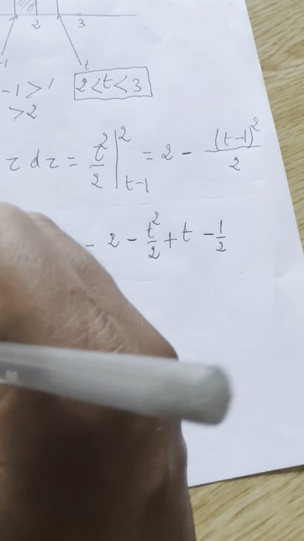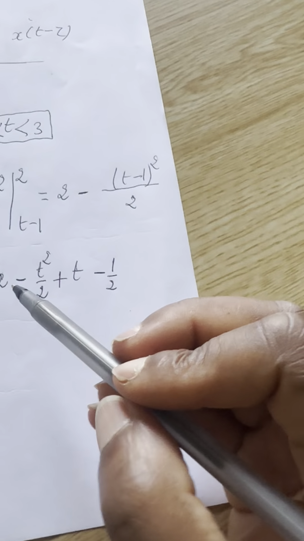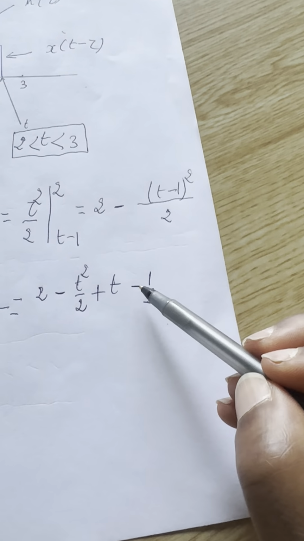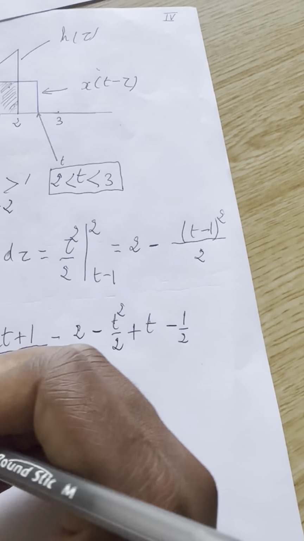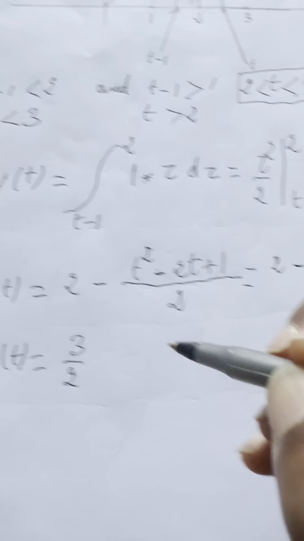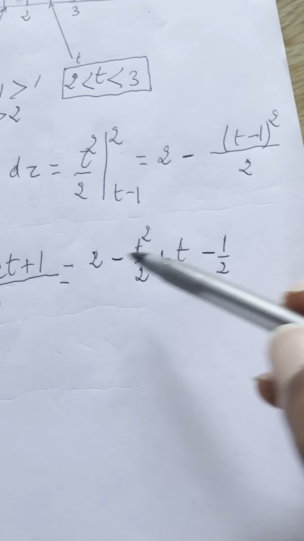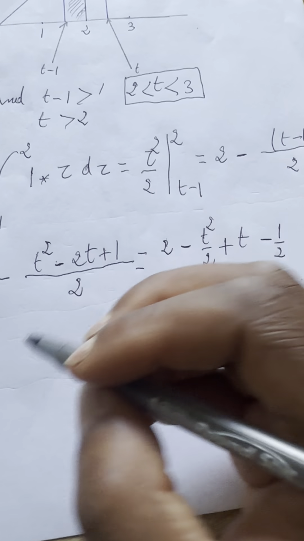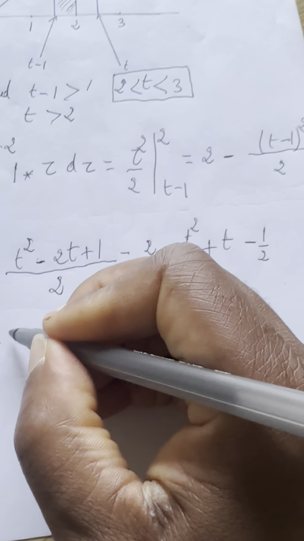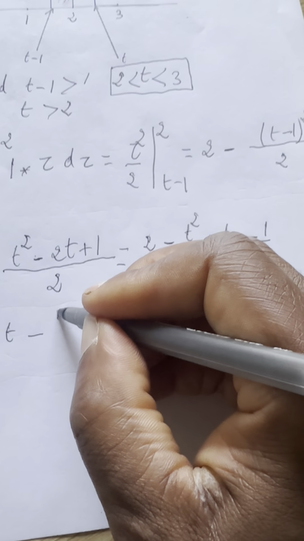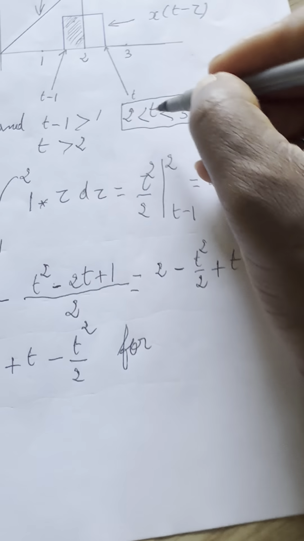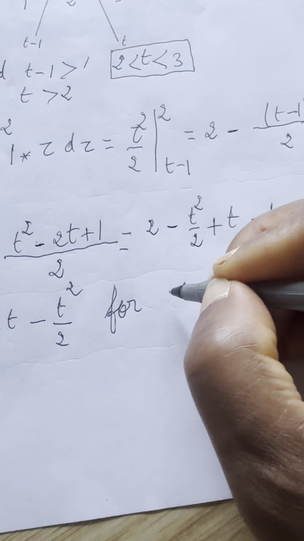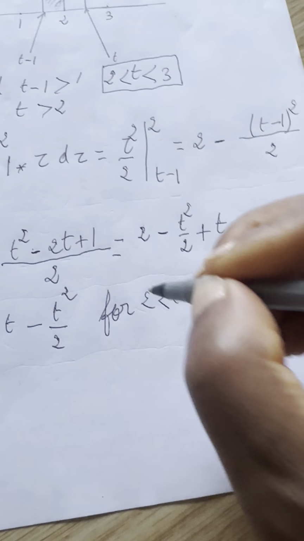So y(t) is 2 minus 1 by 2, equal 3 by 2, plus t minus t squared by 2, for t between 2 and 3.